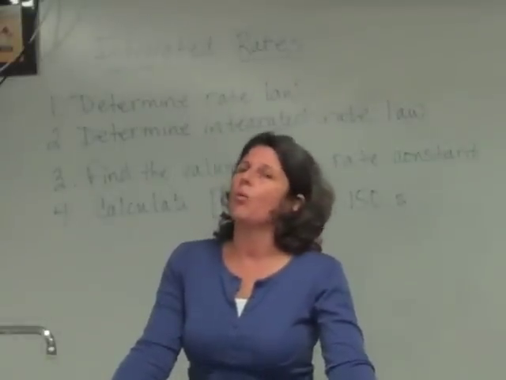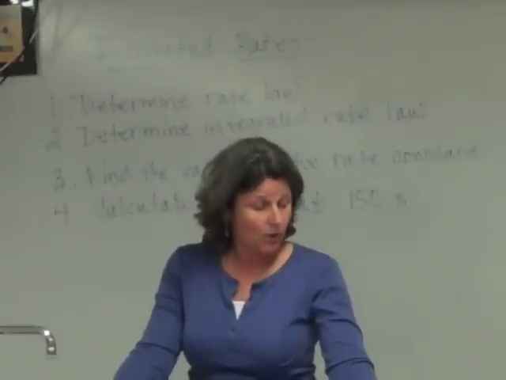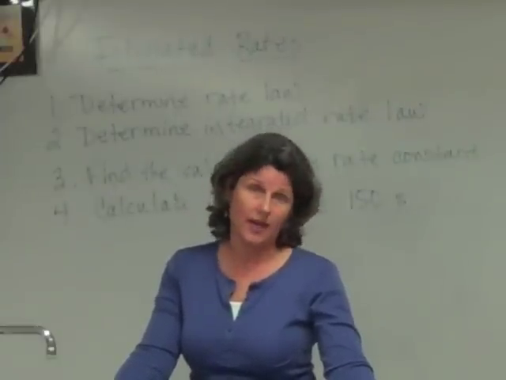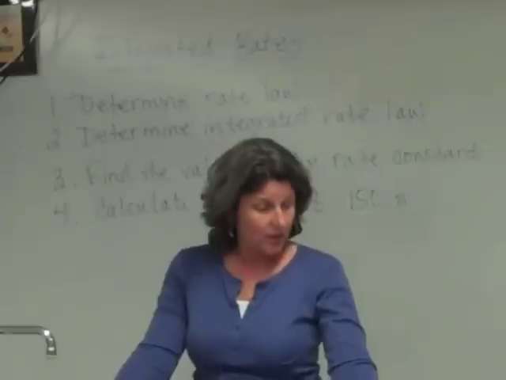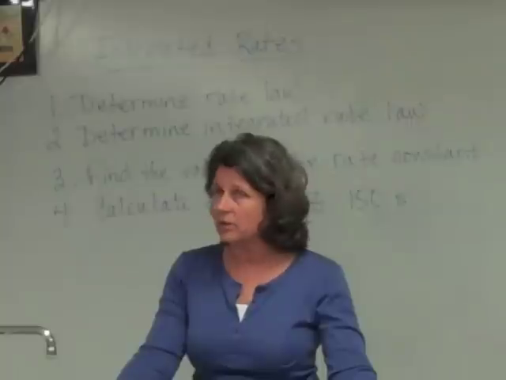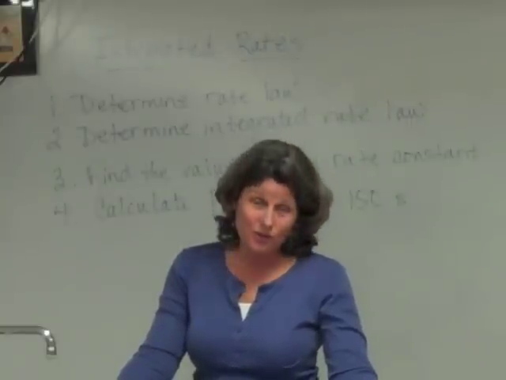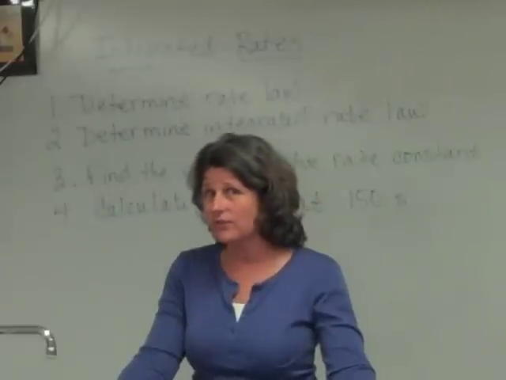What we did in class was we needed to figure out what was going to give us a straight line. What plot of that data would give us a straight line? Is it going to be concentration versus time? Is it going to be the natural log of concentration versus time?